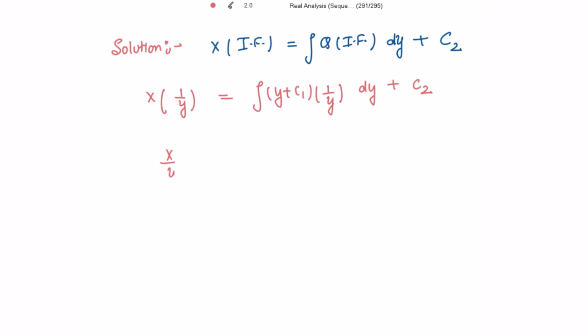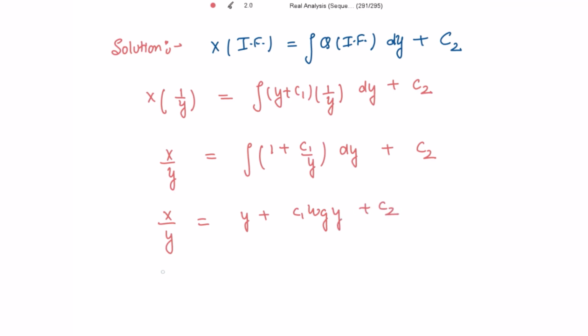So this is x divided by y equals the integral sign. From here we can write (1 plus c1 divided by y) dy plus the c2 constant, and this is x by y equal to, integrating this, we get y plus c1 log of y plus c2, or we can write this as x equal to y squared plus c1 y log of y plus c2 y, right?